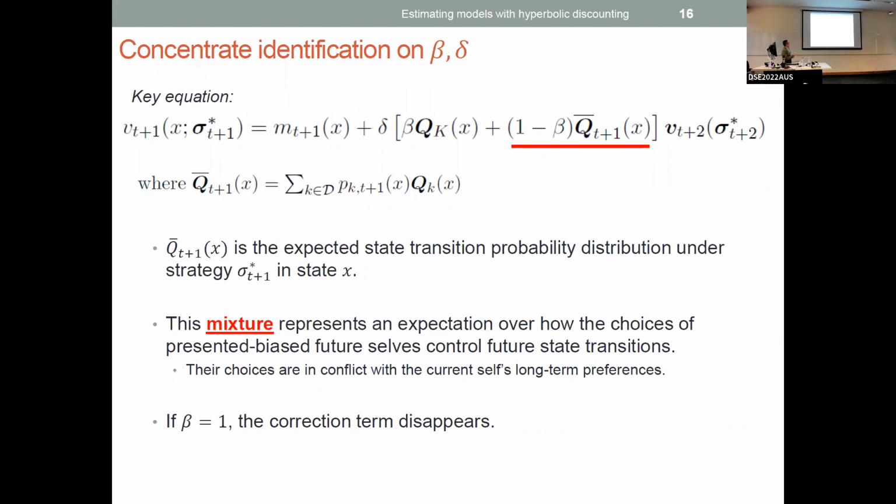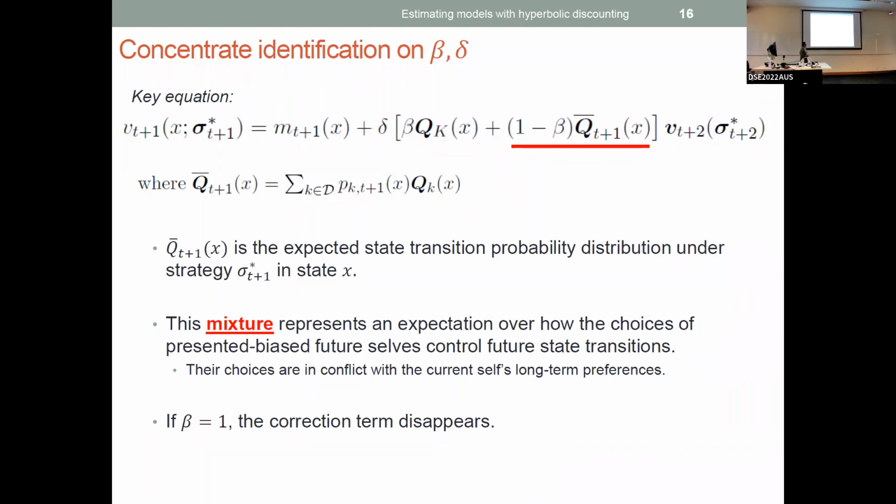Q bar t plus 1 is just a weighted sum consisting of the CCPs and the state transitions. It is the expected state transition probability distribution under the strategy sigma star t plus 1 in state X. And again, the key message is that it's a mixture.